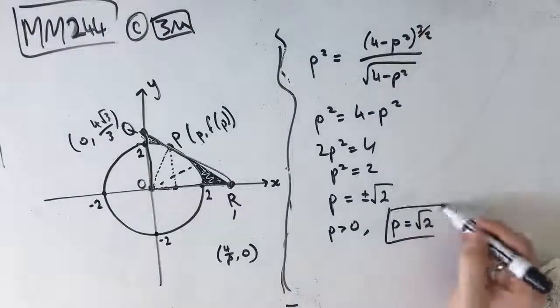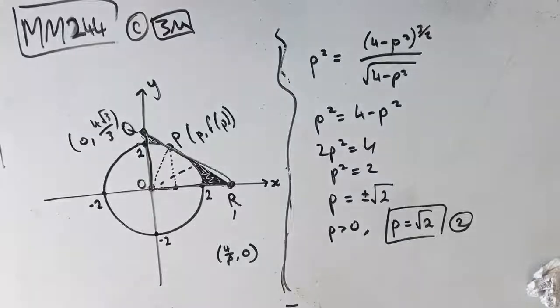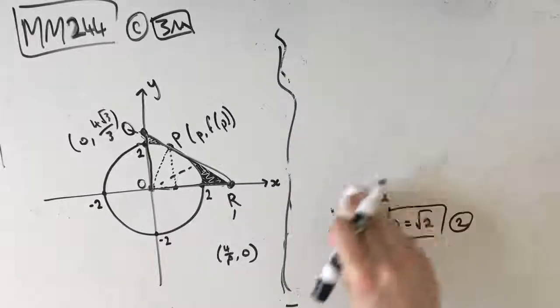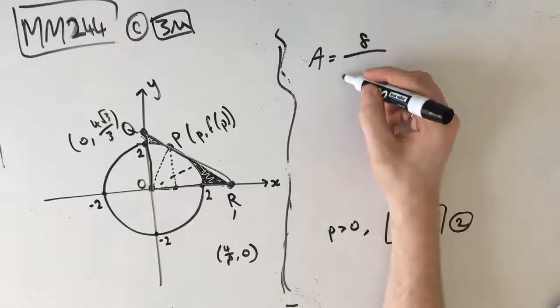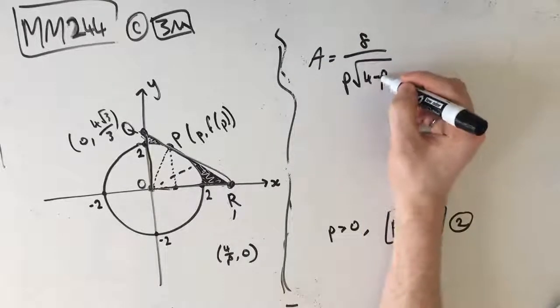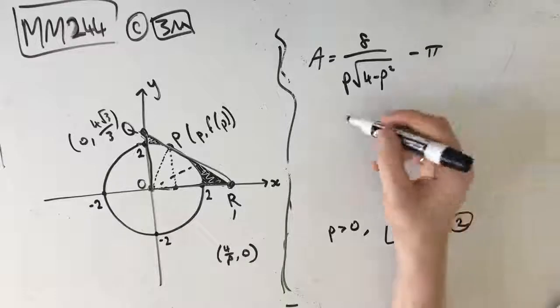Awesome. So this is our second mark, finding out what p is. So the question asks us to find the value of p, but now we need to state the minimum area. So we know that the area is equal to 8 over p root 4 take p squared minus pi.